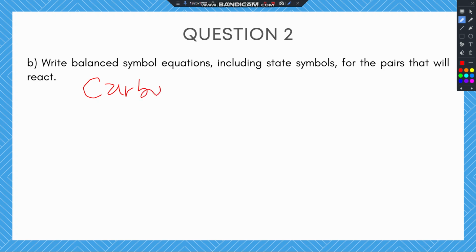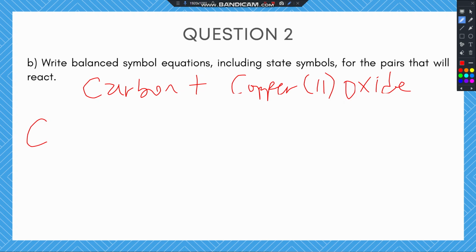Carbon plus copper 2 oxide. So the symbol for carbon is C. Carbon exists in the solid state of matter, plus copper 2 oxide, which has the formula CuO. This also exists in the solid state of matter. Now, how will the reaction take place?